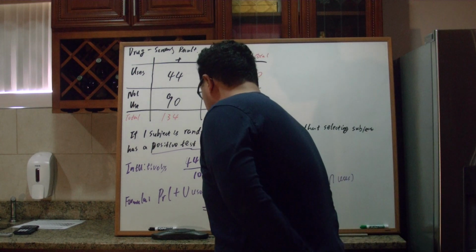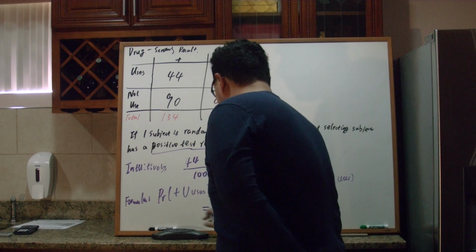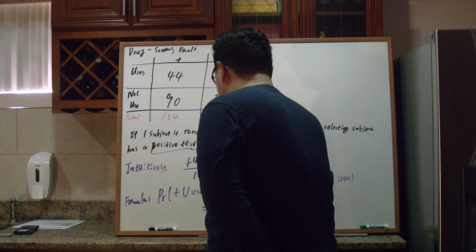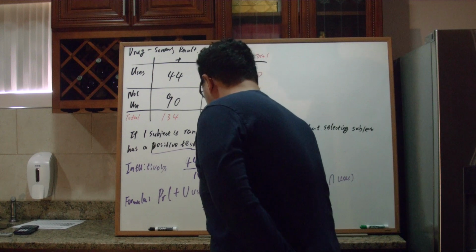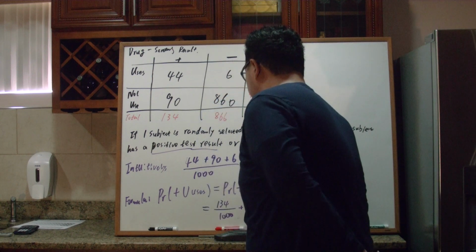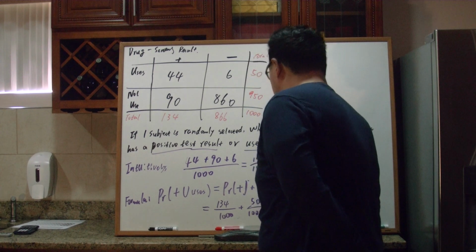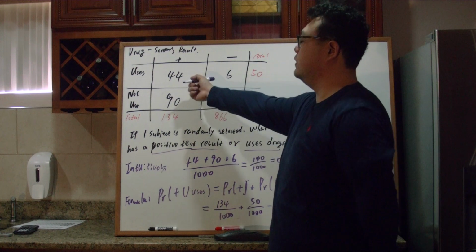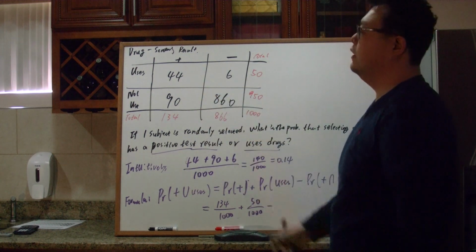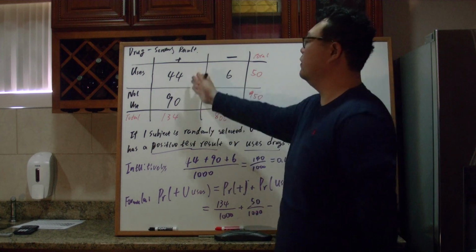That is 134 of them have positive result. 50 subjects use drugs. The intersection, that's positive and uses drugs, is being added twice if you consider from the table.